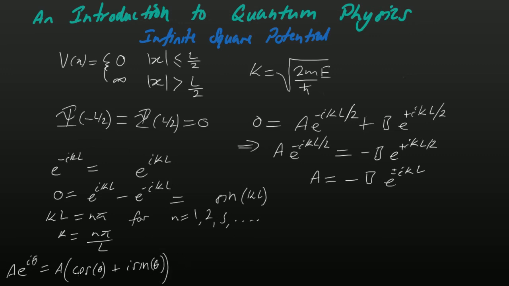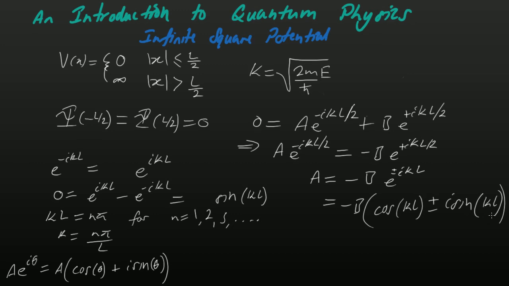Now we know this, and it can be applied to this. So a then equals minus b cosine kL plus or minus from there i sine kL.